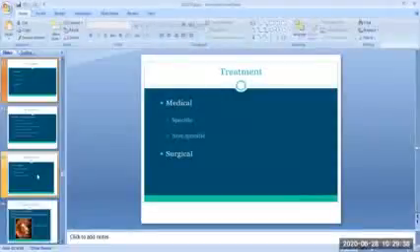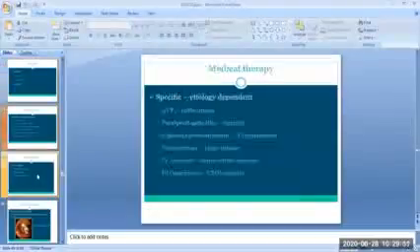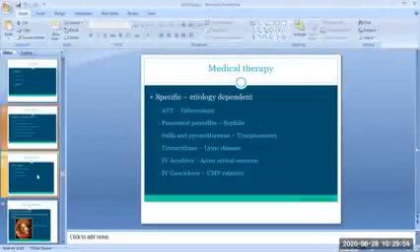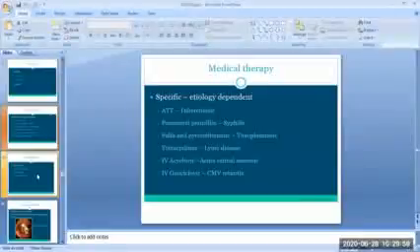Then comes the treatment part. The treatment can be medical treatment, which is specific and non-specific, and then there is surgical treatment. First, specific, etiology dependent, depending upon the etiology which we have known after proper investigations of the systemic diseases.